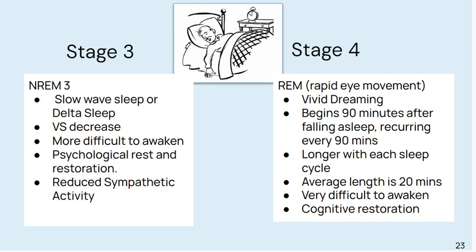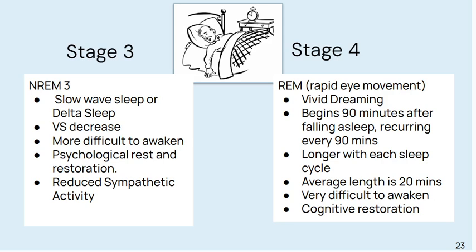This is slow wave sleep, or what we call delta sleep. This is when our vital signs continue to decrease. It is more difficult to wake you up at this point. Psychological rest and restoration take effect during this phase, as well as reduced sympathetic activity.